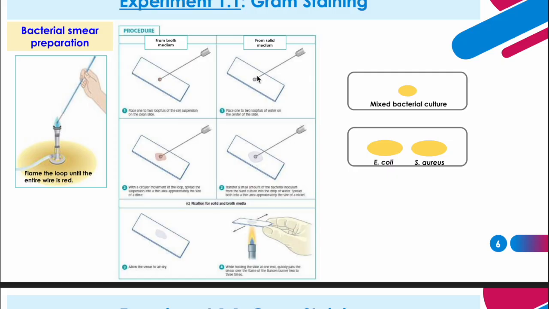Use a loop that has been flamed with the fire and allowed to cool, and touch it a little to make a film in the loop, then touch the middle of the glass slide. Then use another loop to pick up the bacterial inoculum from the dish and suspend it in this water in a circular motion, as with the broth medium. This is the same procedure: allow it to dry and heat fix with the flame.